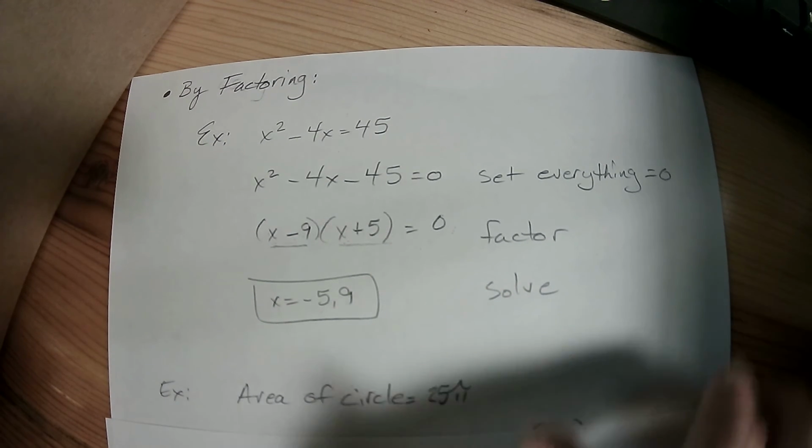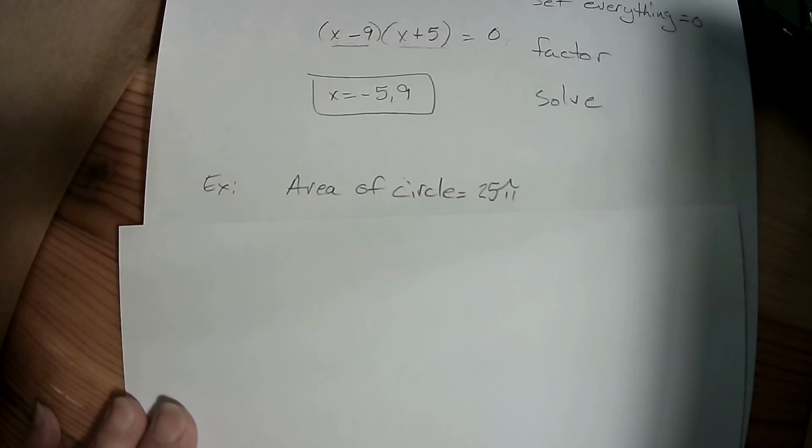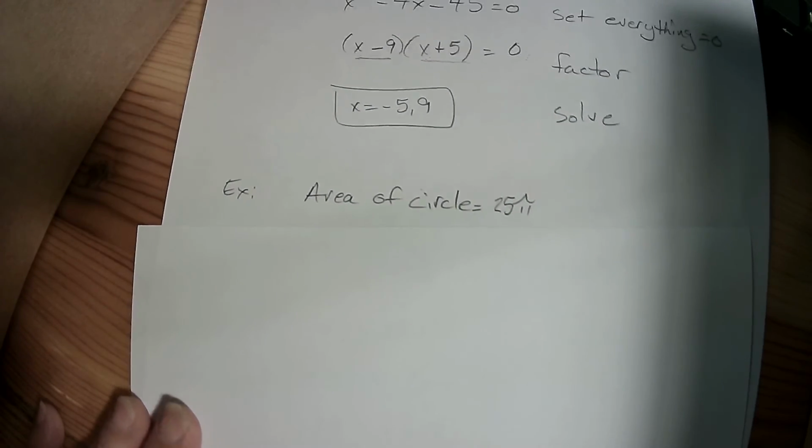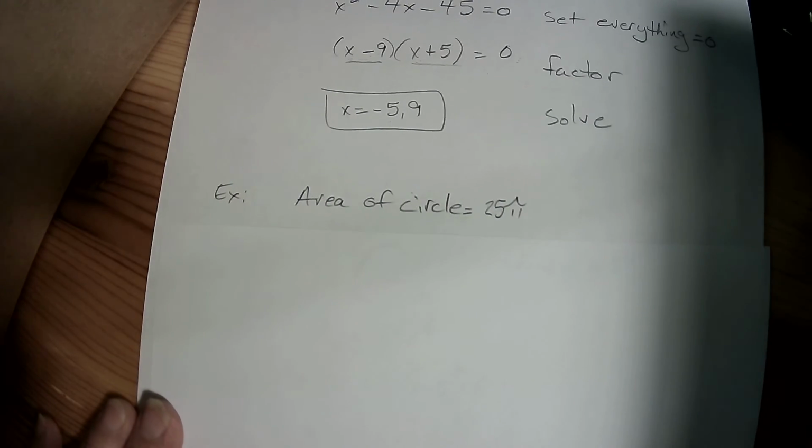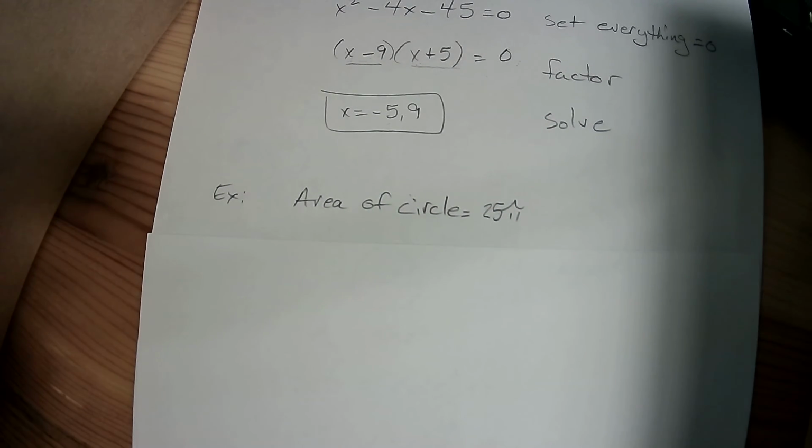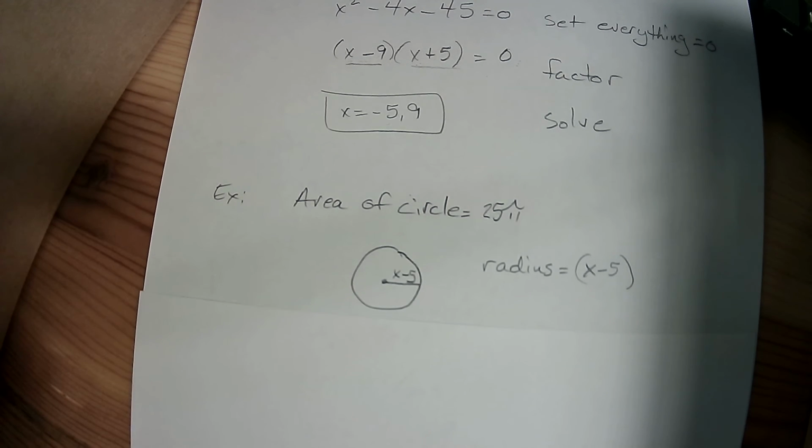Okay, let's do an example of how we would use factoring. So let's say it's given to us that the area of the circle is 25 pi, and the radius is x minus 5. Obviously we want to find x.